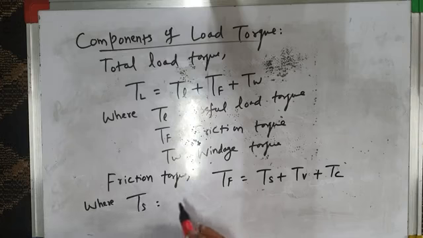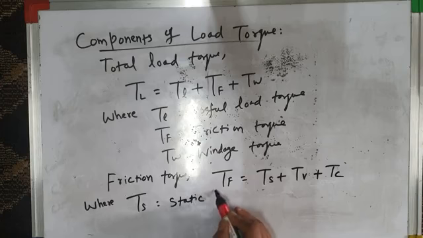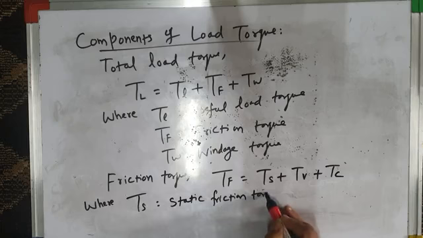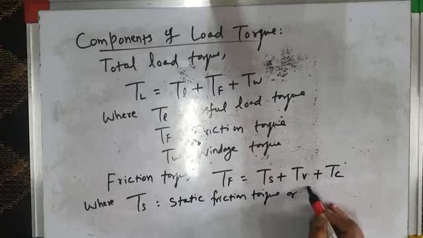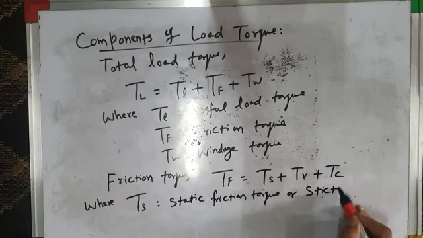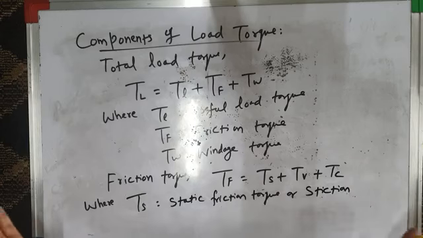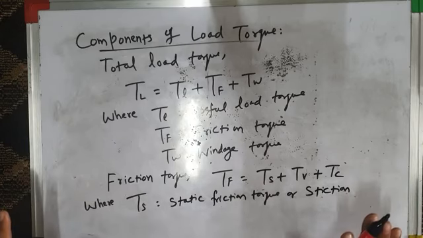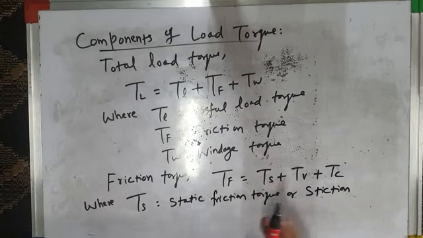TS is called static friction torque, or it is also called stiction. It is the friction torque when the entire motor load system is at standstill, stationary. At that time, a certain amount of friction torque is there, and that's called static friction torque. It's also called stiction.